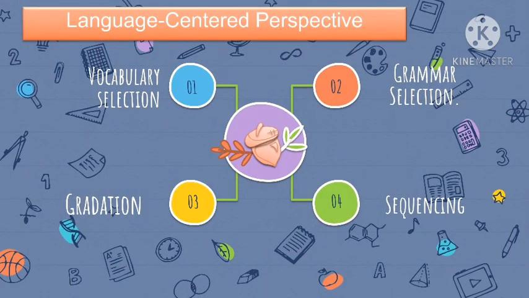Next, in the language-centered perspective, there are four important things. The first one is vocabulary selection, then grammar selection, and gradation, and the last is sequencing. Let me discuss them one by one.